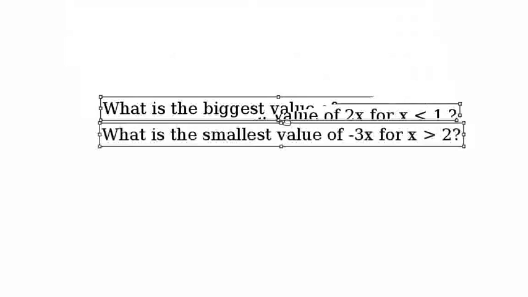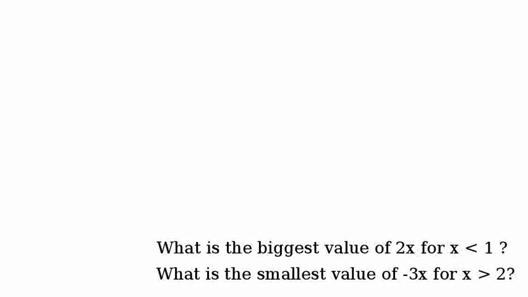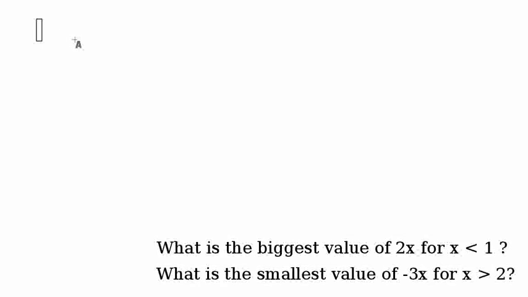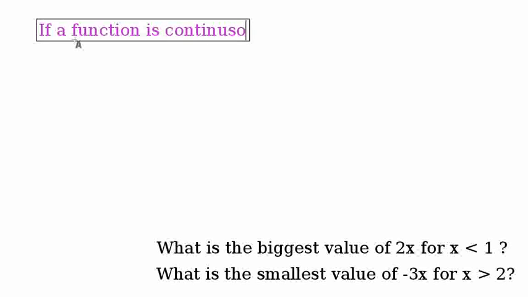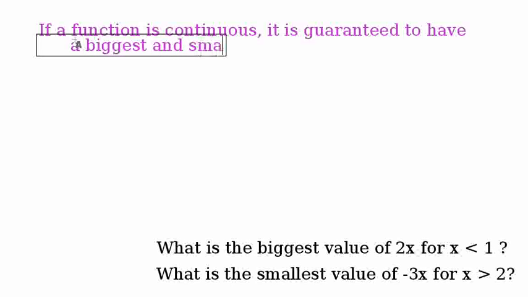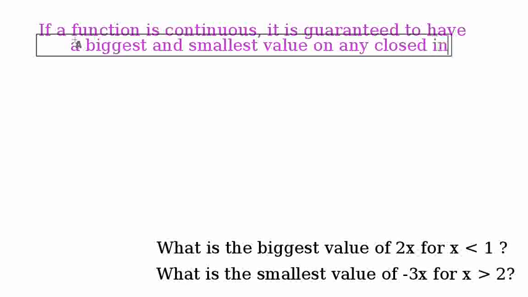Let me put that stuff aside, and it's going to use some terms we've learned in calculus. If a function is continuous, it is guaranteed to have a biggest and smallest value on any closed interval.